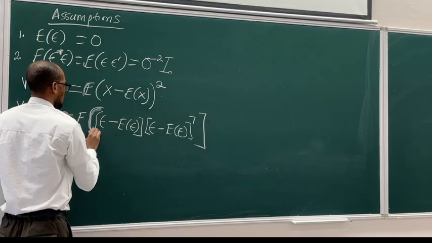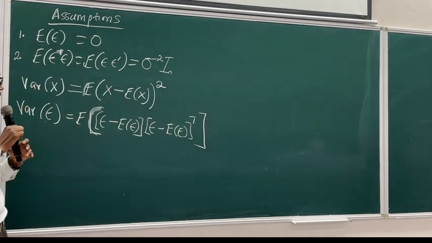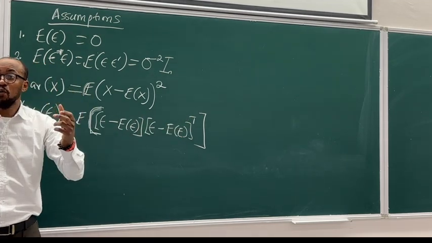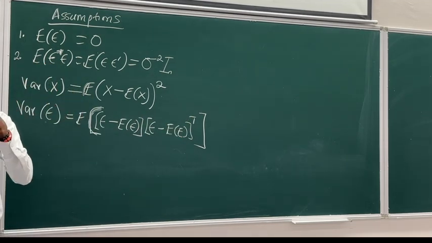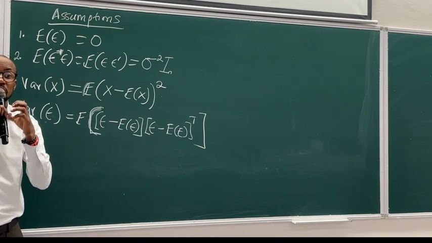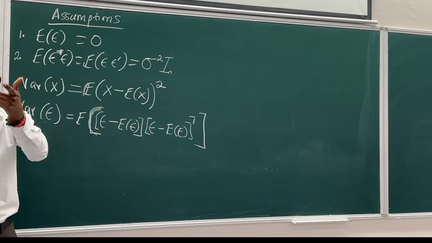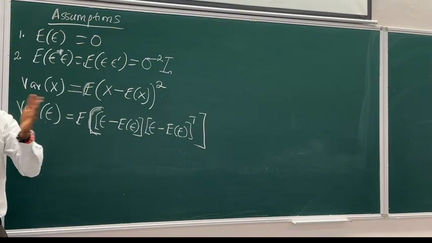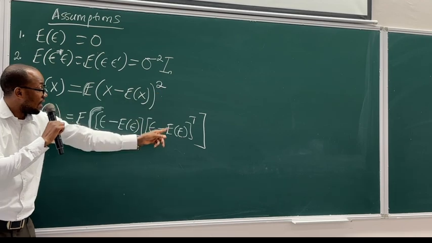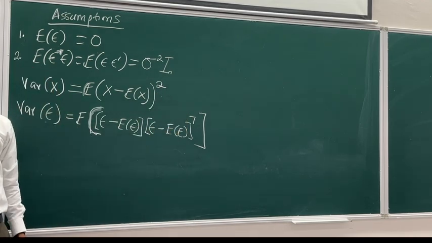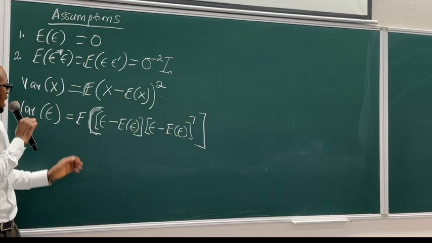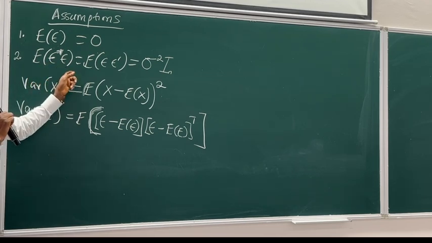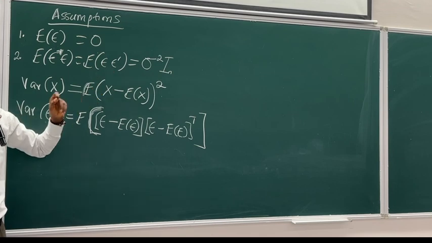Now, I remember telling us yesterday that when you multiply a matrix or a vector and its transpose, what are you doing? You're trying to create squares, right? That's what I said, right? So to take care of this square, we brought in the transpose. Now, check it out. We're dealing with the variance now, the variance of E. I'm just trying to explain why we specify it in this way.